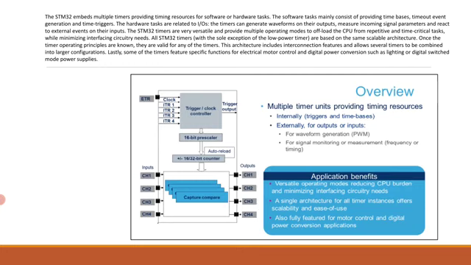The timers can generate waveforms on their outputs, measure incoming signal parameters and react to external events on their inputs. The STM32 timers are very versatile and provide multiple operating modes to offload the CPU from repetitive and time critical tasks while minimizing interfacing circuitry needs.